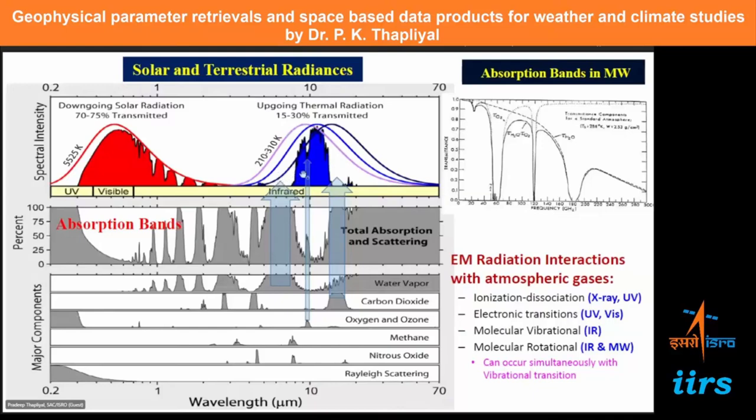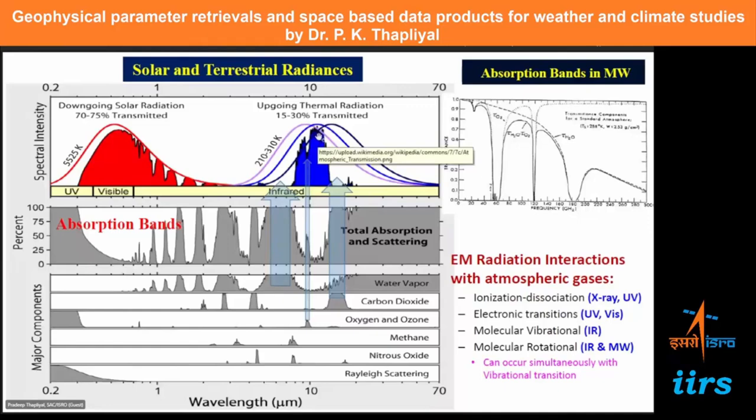You get strong absorptions at various wavelength regions, and very little absorption at certain wavelength regions. These wavelength regions where there is no absorption we call atmospheric windows, and we study land surface features like SST, vegetation, and other parameters by making observations in these window regions.